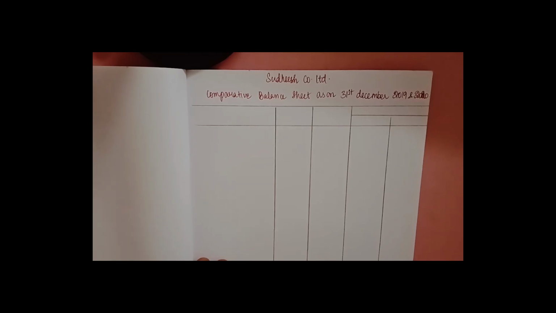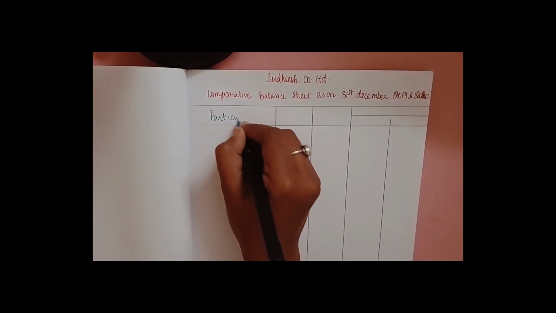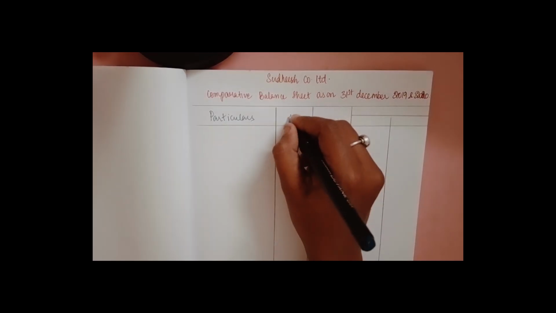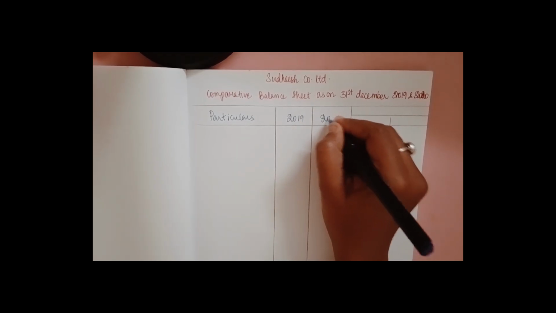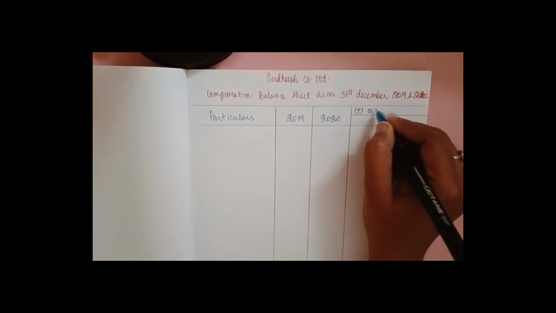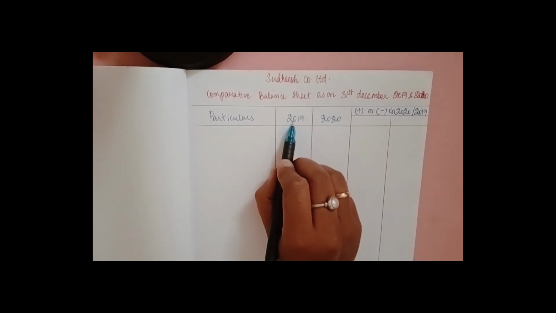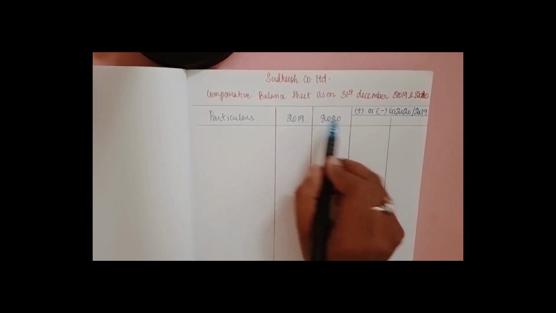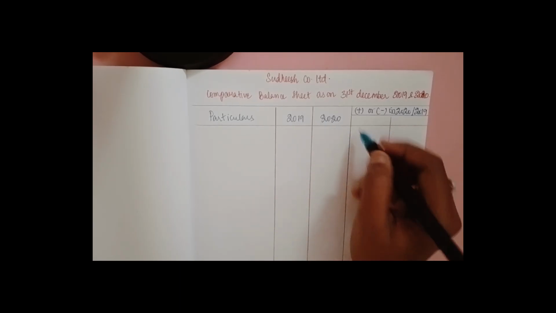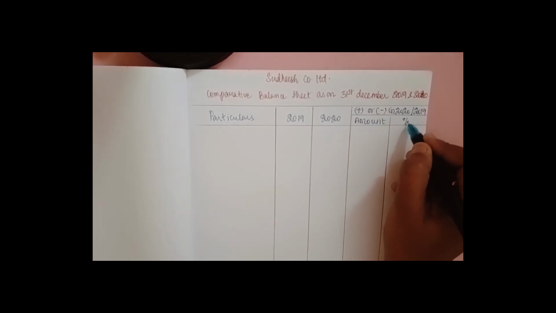The first column would be particulars, then 2019 and 2020, and whether it is an increase or decrease in 2020 over 2019, and this is going to be your amount and percentage column.